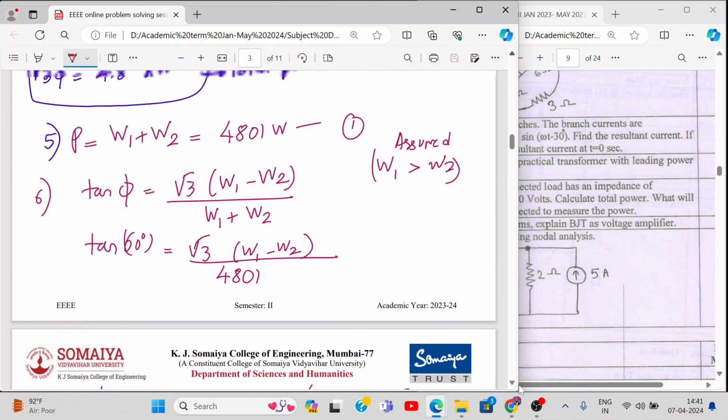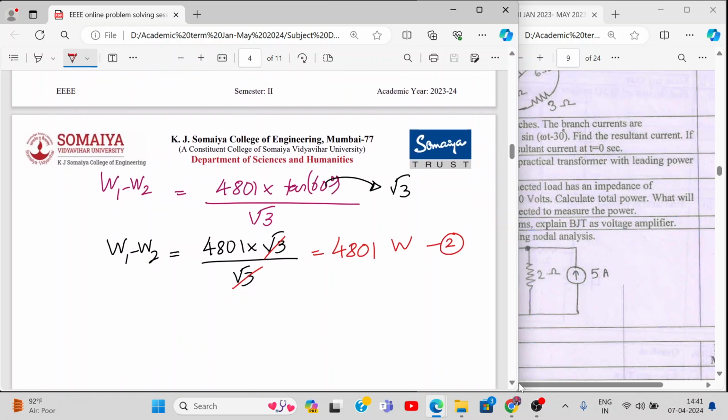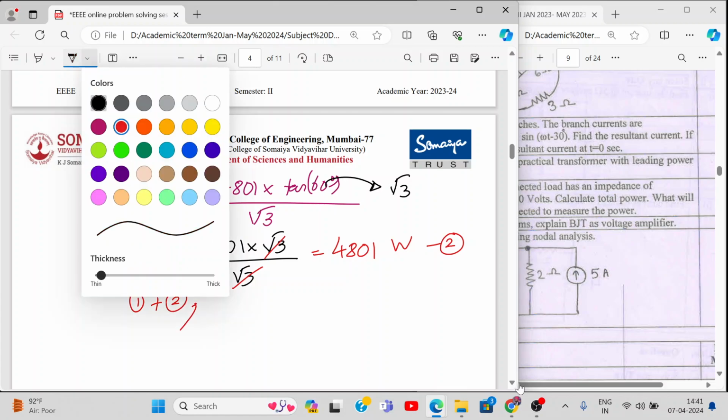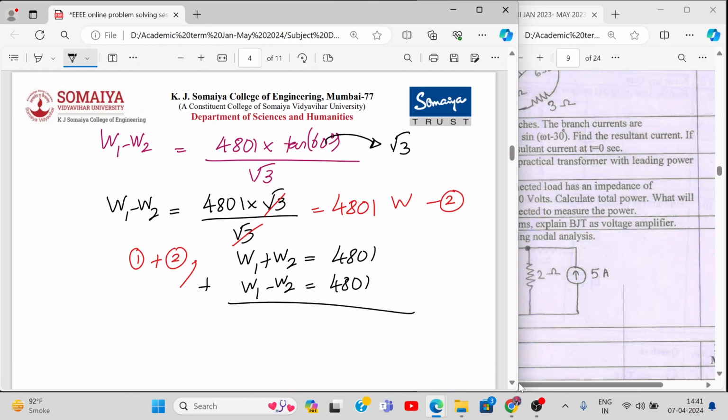So we have equation number 1 where W1 plus W2 is 4801. So let's add 1 and 2. W1 plus W2 was 4801 and W1 minus W2 is 4801. Okay. Now what do we do? We add them together. So this becomes twice W1.